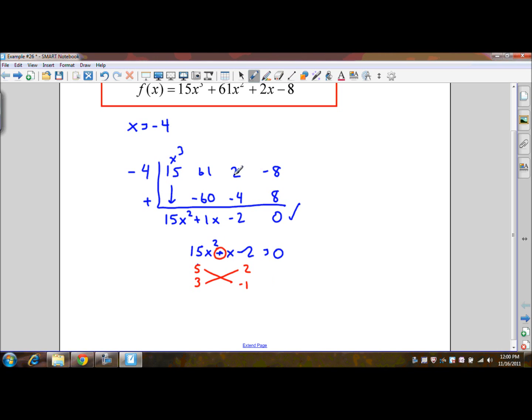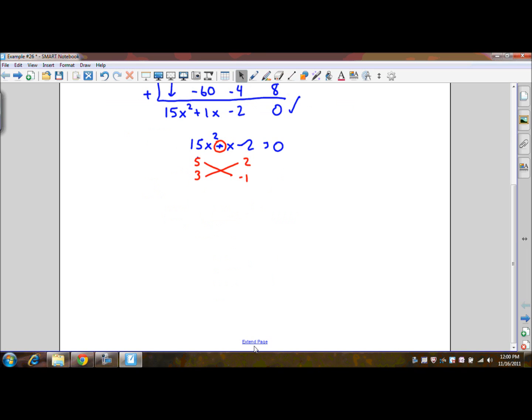I'm going to try +2 and -1. Multiply my diagonals, that gives me -5. This gives me +6. That does add up to be +1. Therefore, my two factors that I was looking for are 5x plus 2 and 3x minus 1.